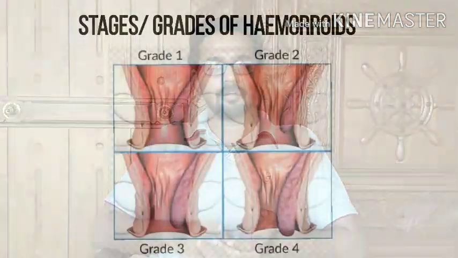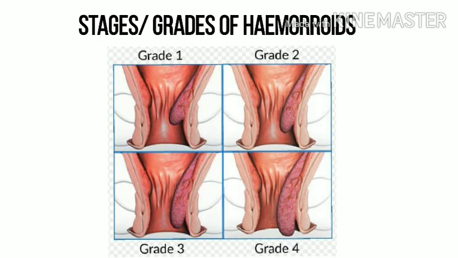Initially there is bleeding, no mass comes out. Second stage is, a slight mass comes out along with the bleeding. Third stage is, bleeding stops and the mass comes out and stays there. It needs manual reduction. Fourth stage is, the mass comes out and it will not go inside. It stays there only. In that stage, some patients may have pain.